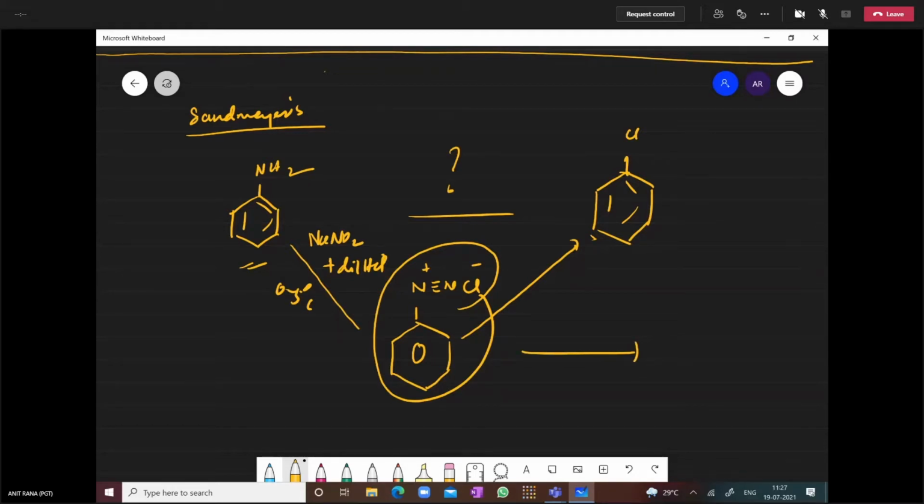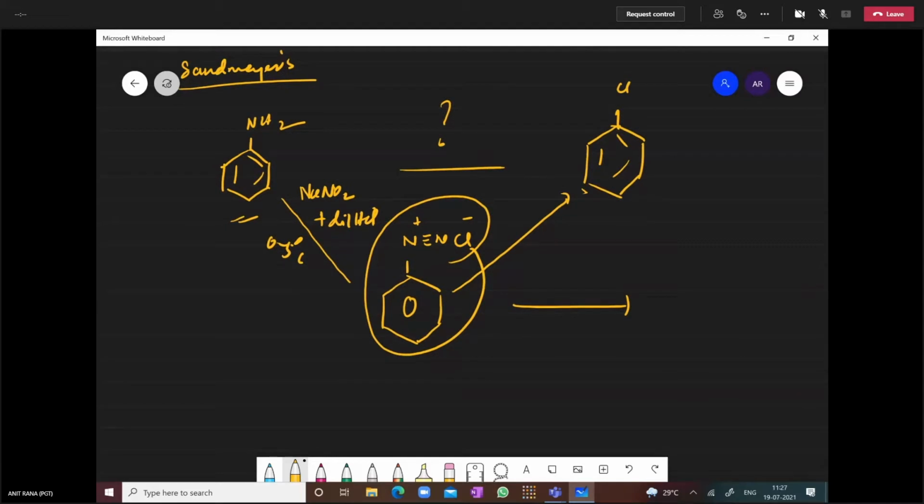For chloro and bromo we simply take cuprous chloride and cuprous bromide, and for iodobenzene what do we need?